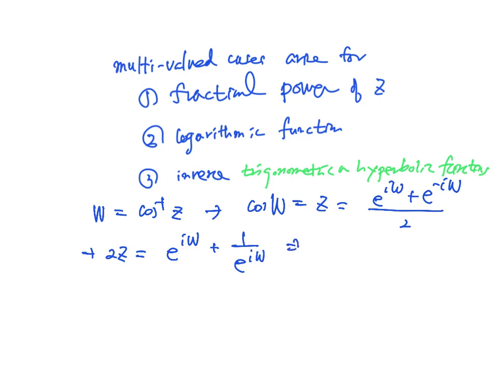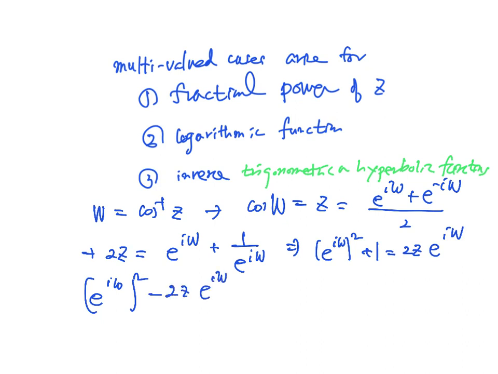You can multiply exponential iw on both sides. Square plus 1 is 2z exponential iw. So exponential iw squared minus 2z exponential iw plus 1 is equal to 0.